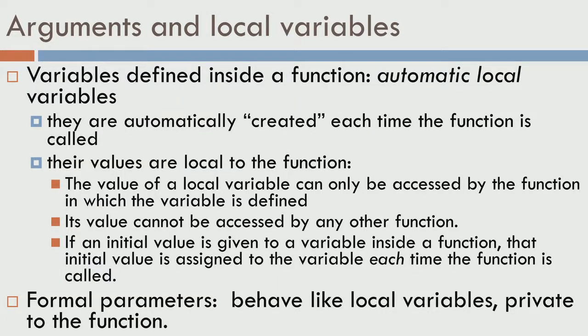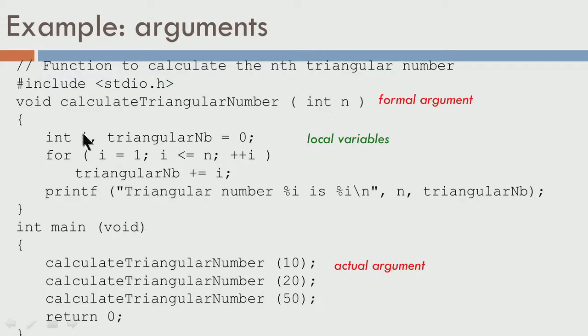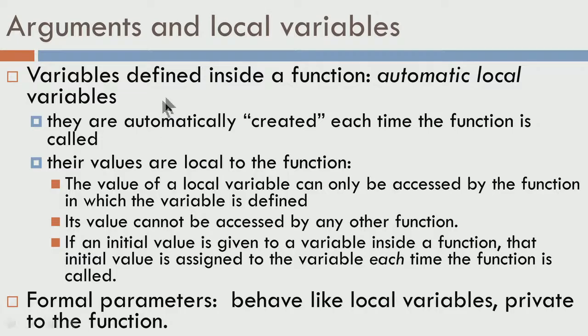So, let us see a little bit about arguments and local variables. The variables are defined inside a function. If you look at this, i and triangular nb are defined within the function. Same thing in power, we had i and p which are defined inside the function. We call them automatic local variables.